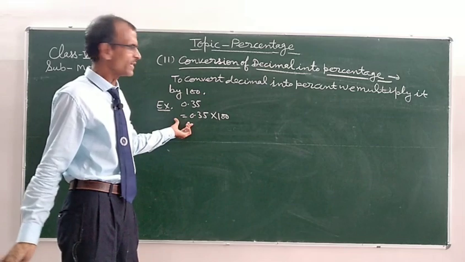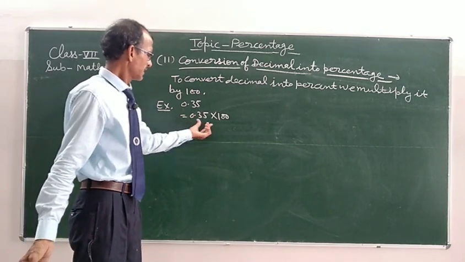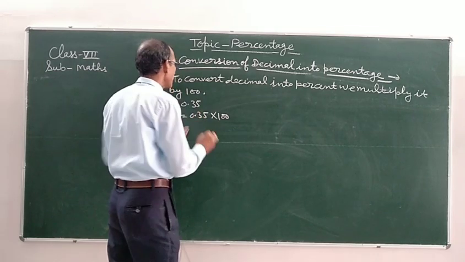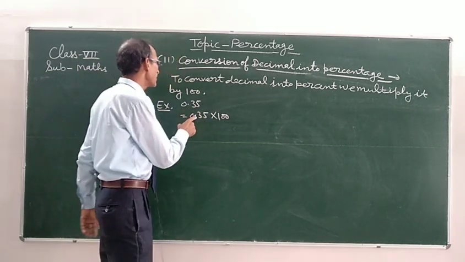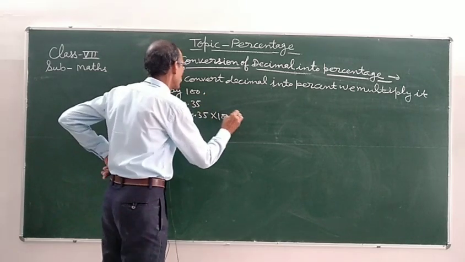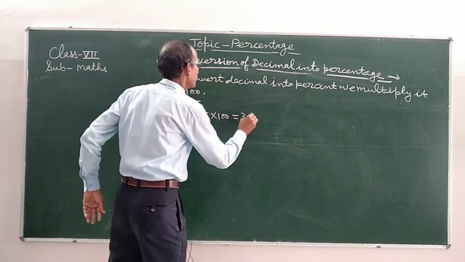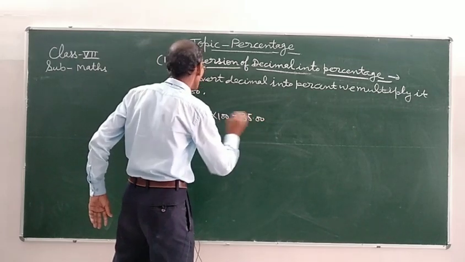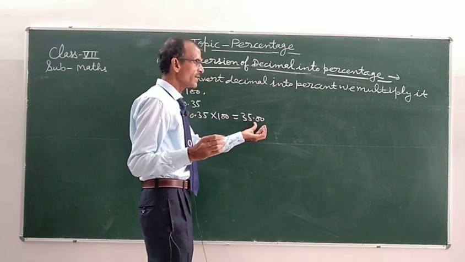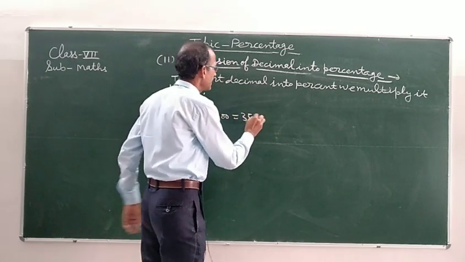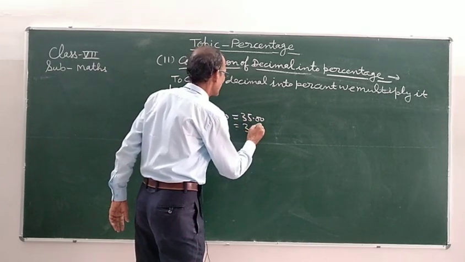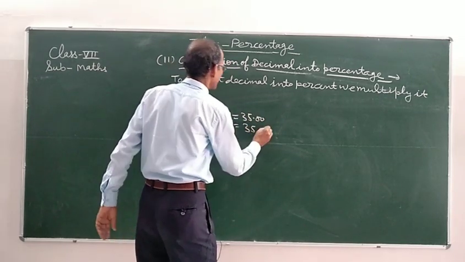You have read the multiplication of decimals in class 5 and 6. When we multiply a decimal number by 100, the decimal point moves 2 digits to the right. This is equal to 35.00, and 0 can be removed if there is no digit after it. This is equal to 35%.